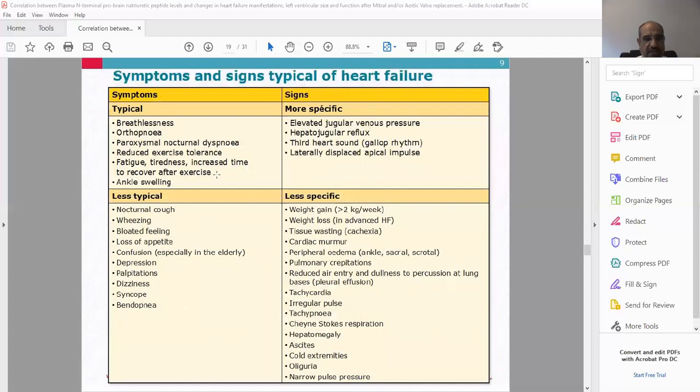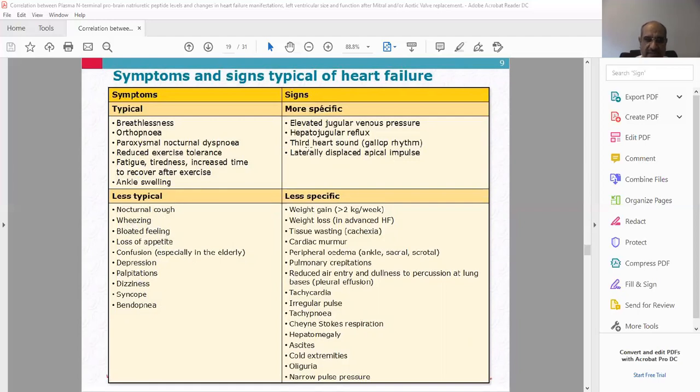The symptoms are either typical symptoms or less typical symptoms. The typical symptoms are breathlessness or dyspnea, PND, reduced exercise tolerance, fatigue, tiredness, and ankle swelling. But there are also less typical symptoms that should raise our attention about heart failure. Either the patient has nocturnal cough, some GIT manifestations, depression, confusion, dizziness, whatever.